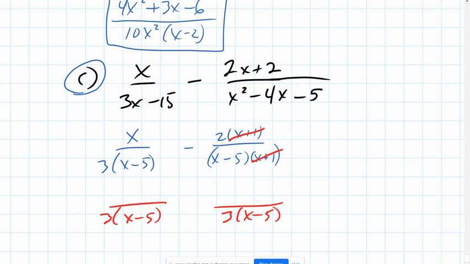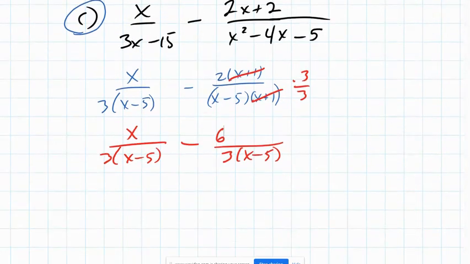Okay, and so this one is fine the way it is. This one I would have to multiply by 3 on the top and the bottom, so that gives me 6. And so our final answer then is x minus 6 over 3 times x minus 5.